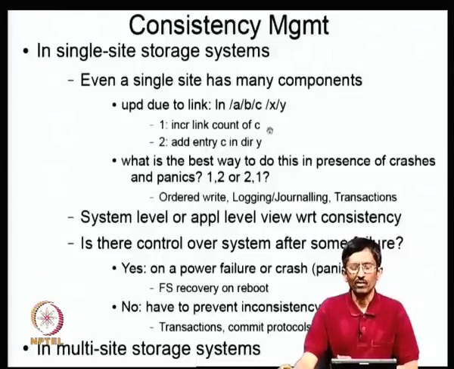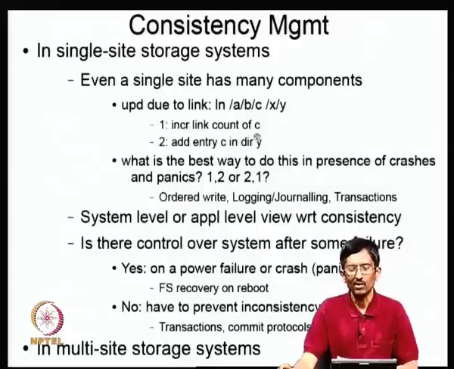Whereas for the other possibility, if you increment the link count, that goes, let us say, to disk, and then you fail to update the entry in Y. Suppose there is a power failure in between, that is, you increment this and it has gone to disk, but this has not yet gone to disk, it is still sitting in memory and it died once the power failure happened, it could not be flushed to disk.